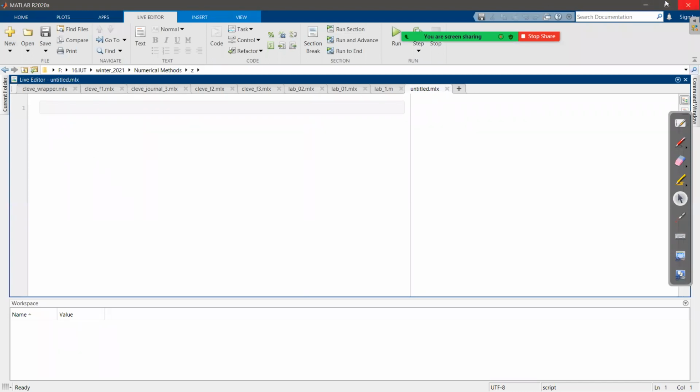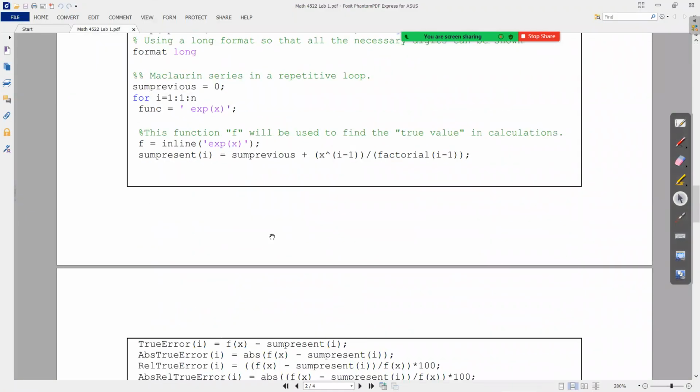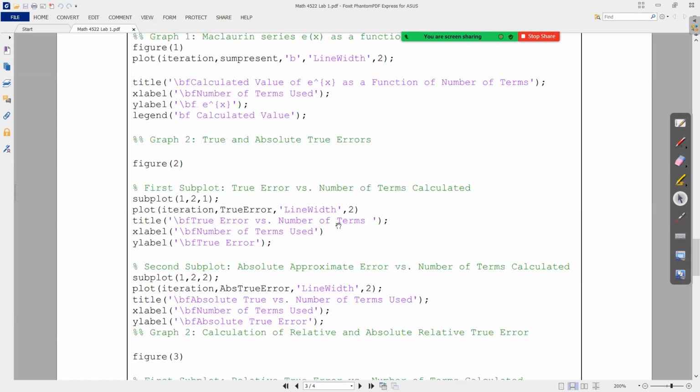Okay, now the code for this one is already given in your lab manual, but I'm going to do it in a different way, in a bit more efficient manner.